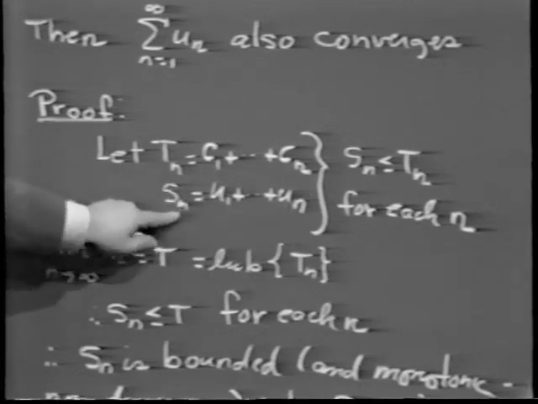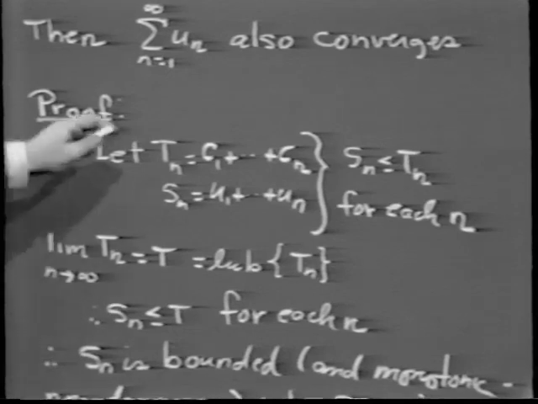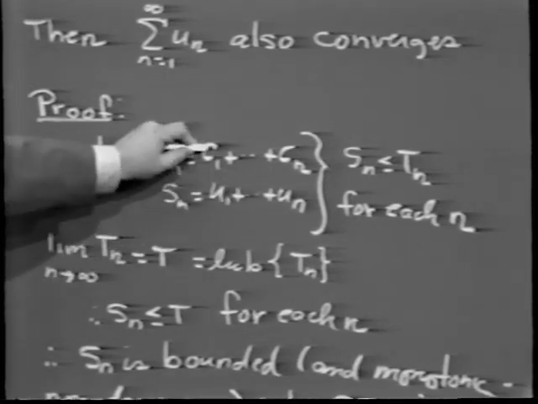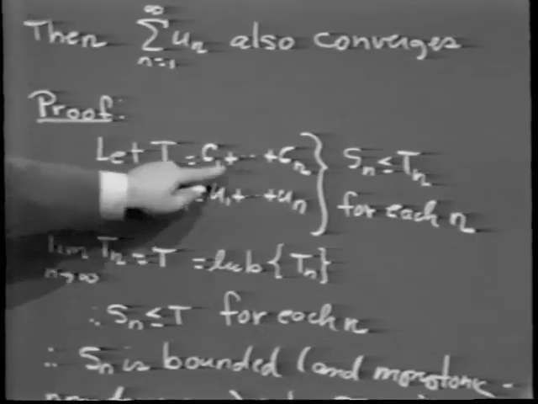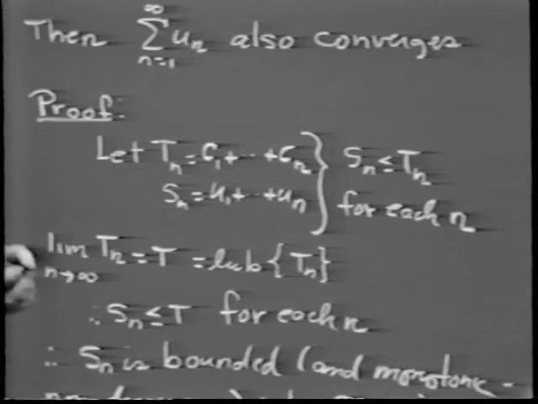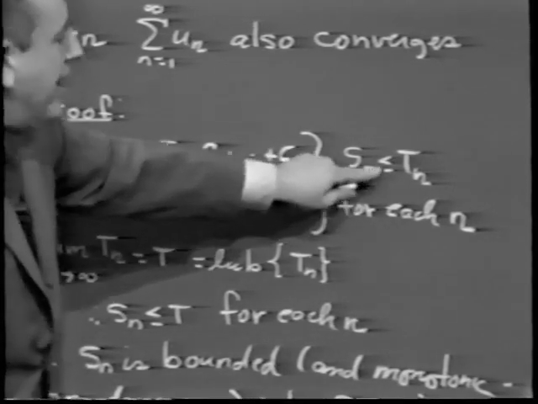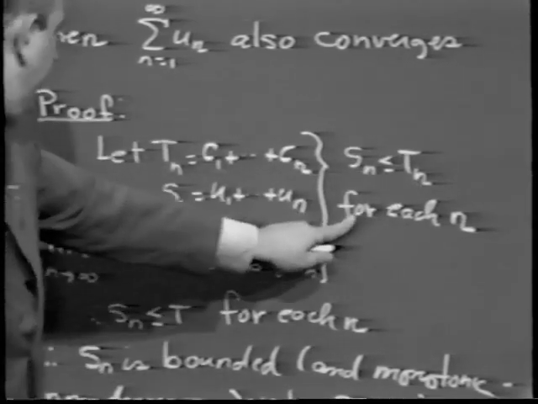In other words, let s sub n be u1 plus etc. up to u sub n. Now, we know that each of the u's in magnitude is smaller than each of the c's. Consequently, the sum of all the u's must be no greater than the sum of all the c's. In other words, the nth partial sum s sub n is less than or equal to the partial sum t sub n for each n.